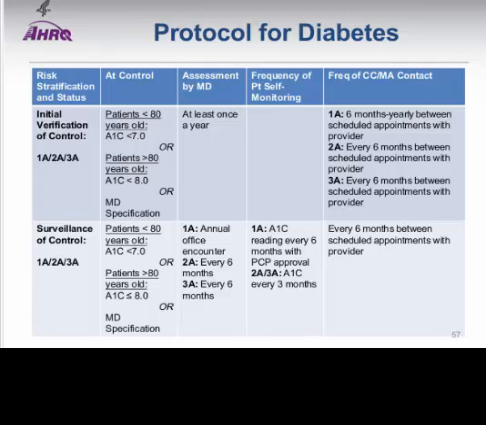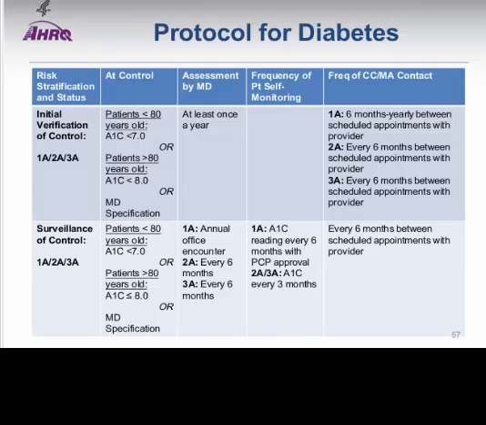If we look at surveillance as an example, depending on whether the patient meets a particular age range and a particular A1C value, they may be recommended for physician assessments annually or every 6 months. They have a certain frequency of checking A1Cs and possibly monitoring glucose at home.